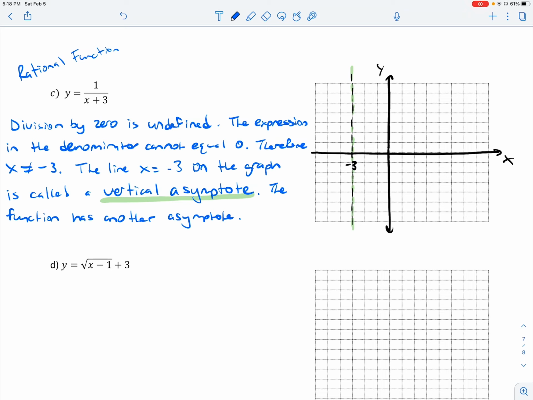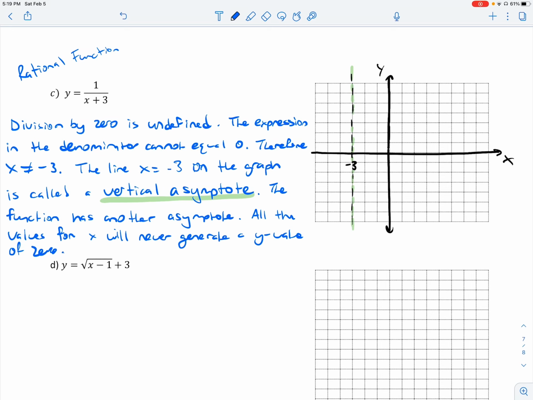So we can say all the values for x will never generate a y value of 0.